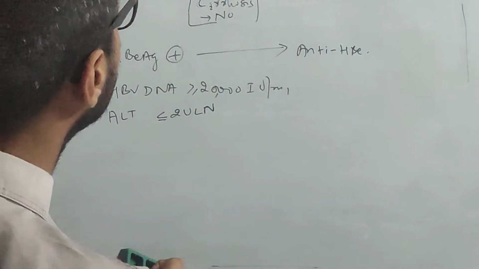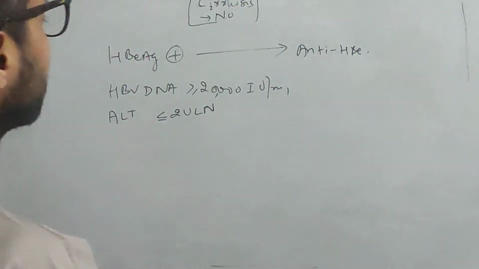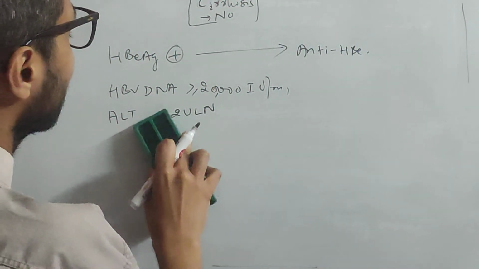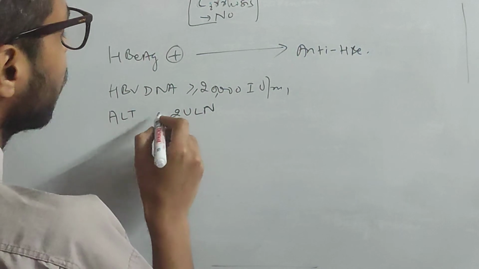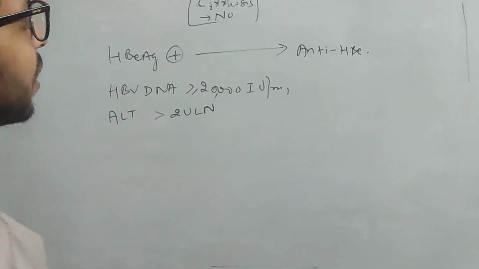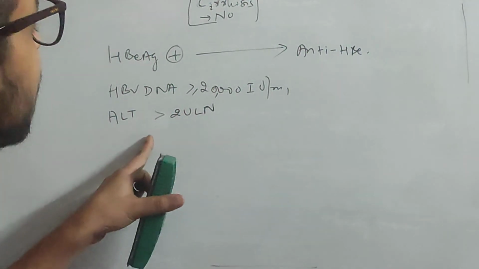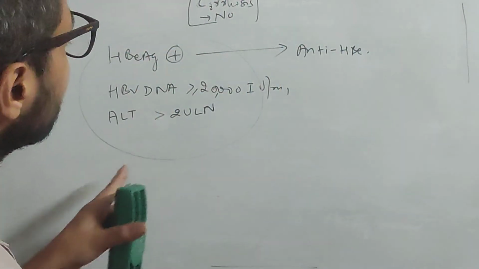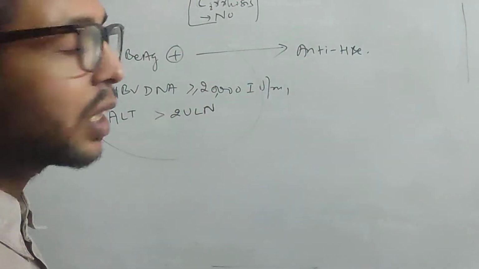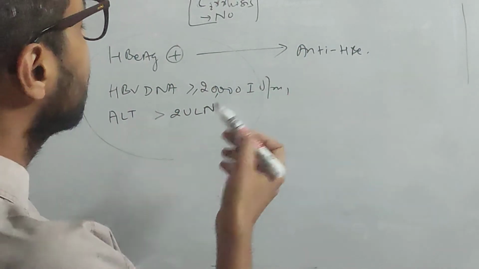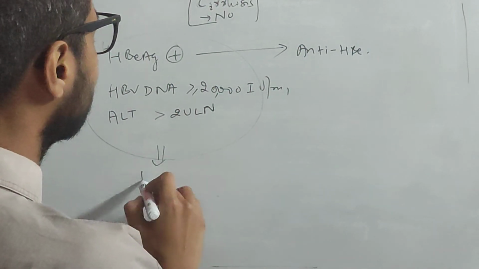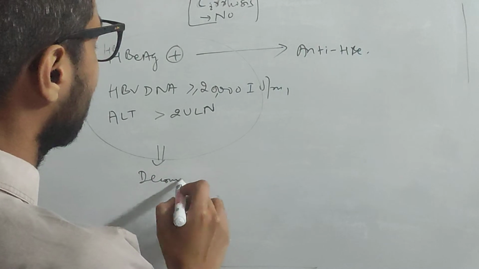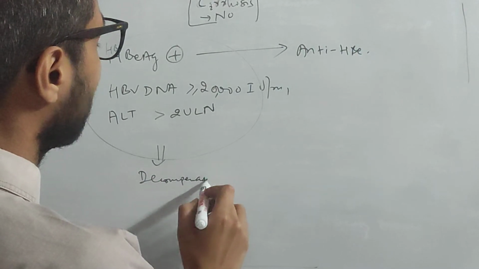So in the same scenario, let me make a few changes. Here I am changing ALT from less than 2 times upper limit of normal to greater than 2 times upper limit of normal. So will you treat him or not? So in this condition also there can be a spontaneous seroconversion. So you don't need to treat unless patient is decompensated or is in severe hepatitis flare.